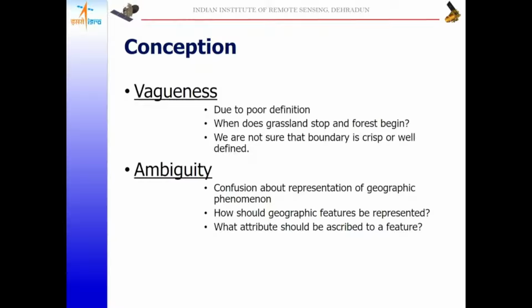So scale matters, where a police station cannot be a point kind of thing. How should a geographic feature be represented? Just now I have given the examples. What attributes should be ascribed to a feature? So what are the associated attributes there? Because of that, this ambiguity can come.